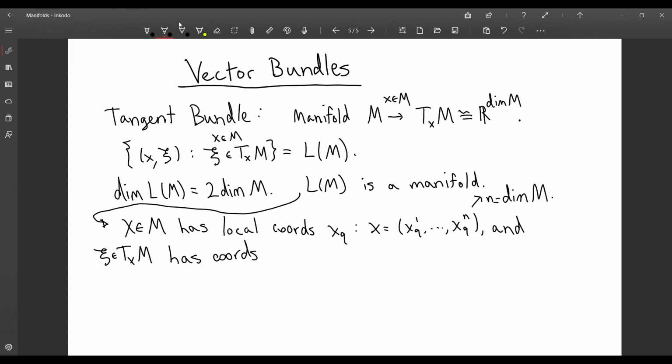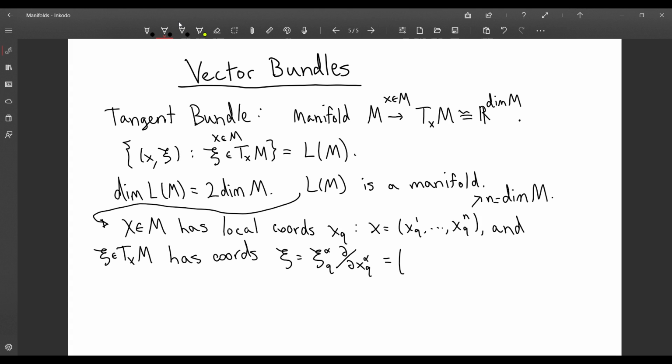It has coordinates given by the basis vectors, which are given by the partial derivatives with respect to the local coordinates at x.